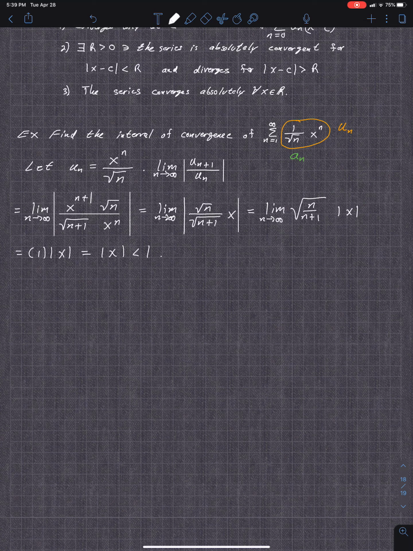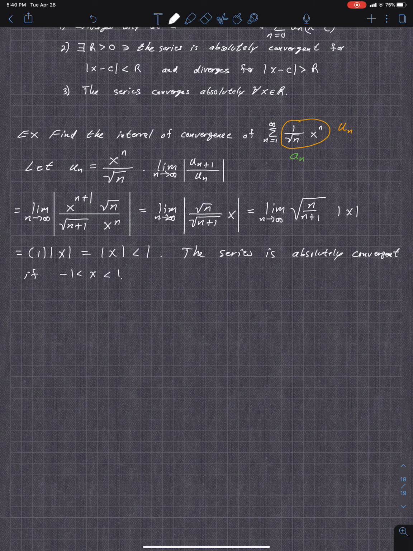Just to clarify a couple things: the series is absolutely convergent if x is between 1 and -1, which is this statement above.